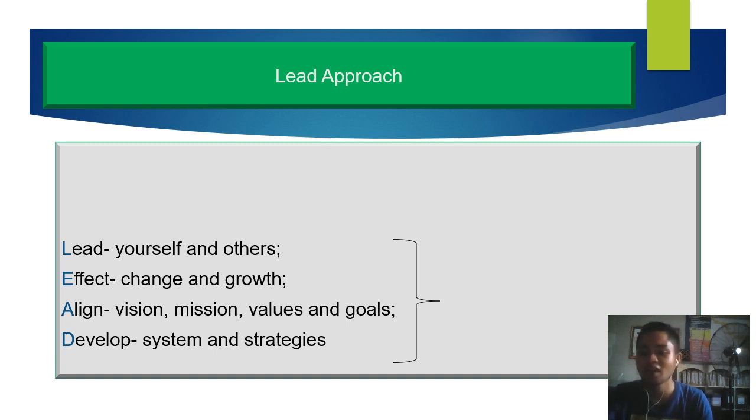We have a new curriculum, the K to 12 curriculum, which is very important for us to follow, so that learners are fully equipped and globally competitive. Okay, so this is under the constructivism approach, which is the present approach we use.